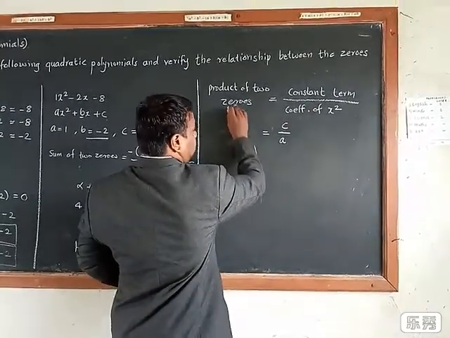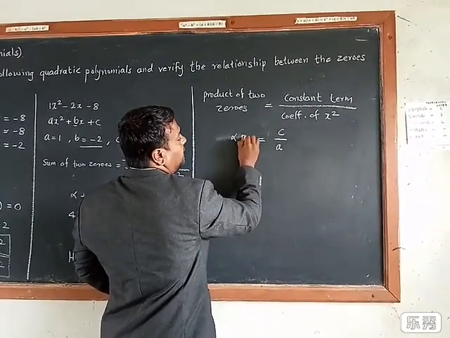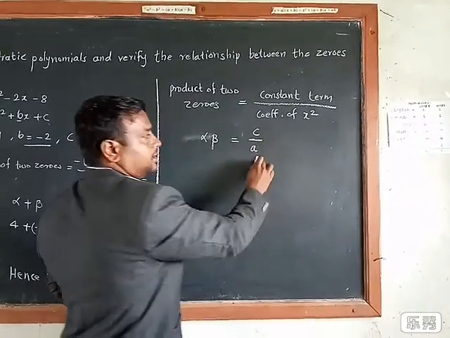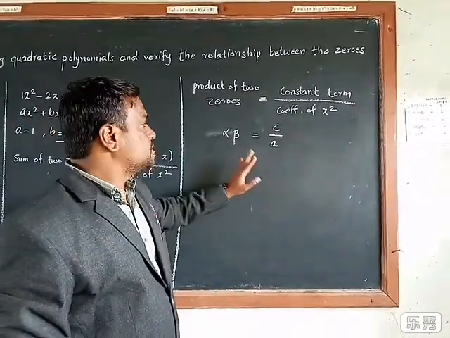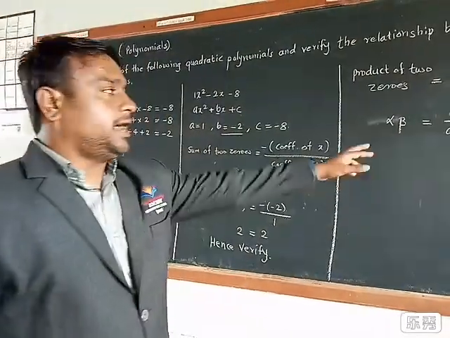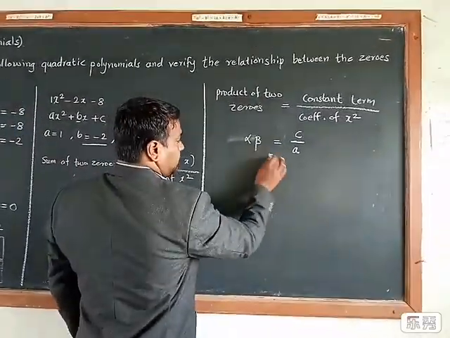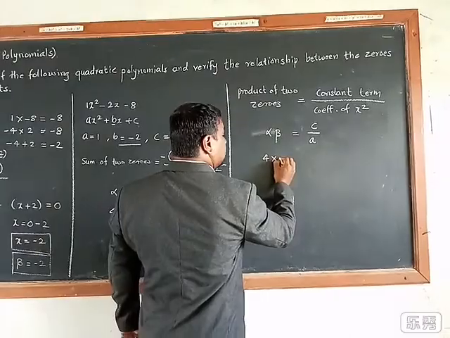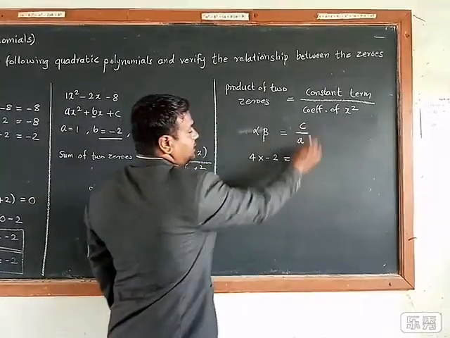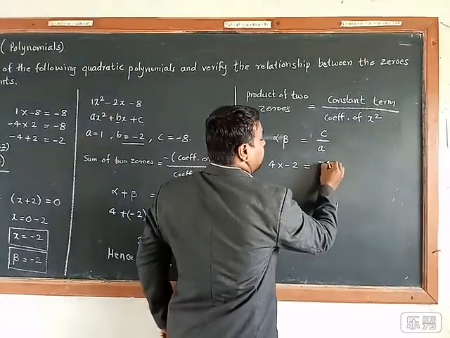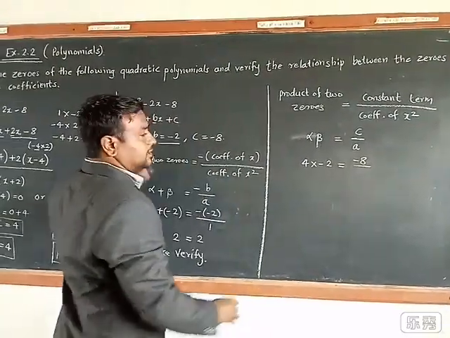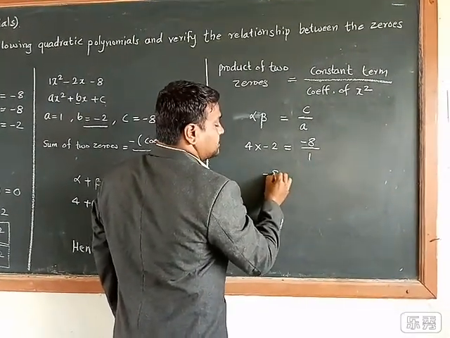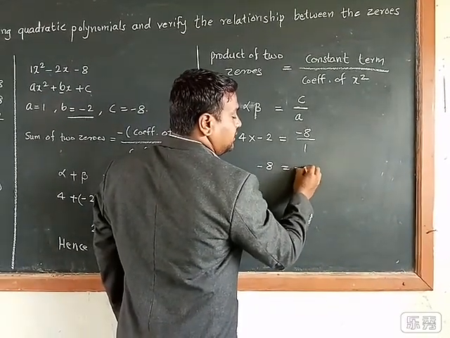So alpha into beta is equal to c upon a. Putting the values: 4 into minus 2 is equal to c, which is minus 8, upon the coefficient of x square, which is 1. 4 into minus 2 is minus 8, and minus 8 upon 1 is minus 8.